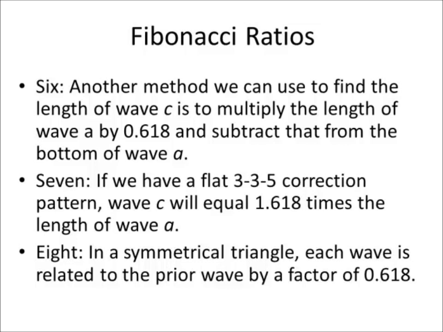If we have an ABC correction, one way we can find the length of wave C is to take the length of wave A, multiply it by 0.618, which is a Fibonacci ratio, so that will make it smaller, and then subtract that length from the bottom of wave A. This will give us how far low wave C will reach. So that is how to find the length of wave C.